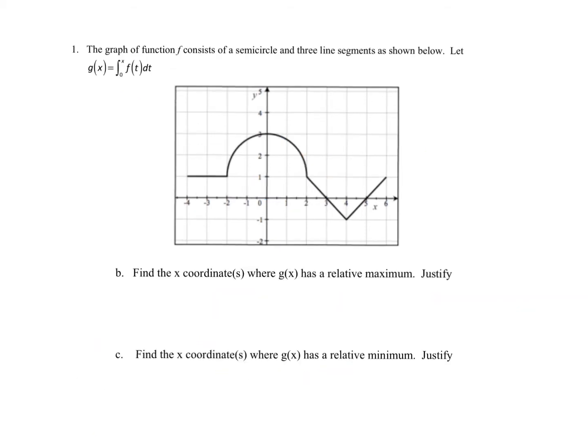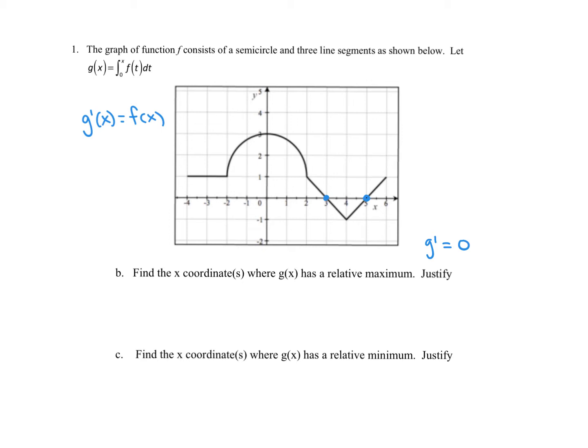In this next part, we are determining where g of x has relative maxes and relative mins. Now remember that g prime of x equals f of x, so we're looking at a g prime graph, or a first derivative graph, and relative maxes and mins occur when g prime equals 0, so I'm looking at these x-intercepts.